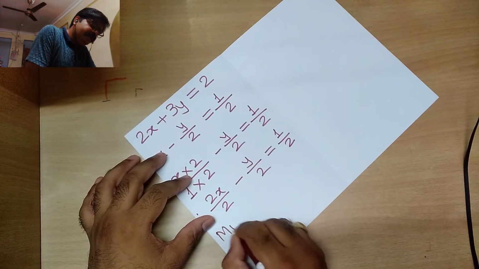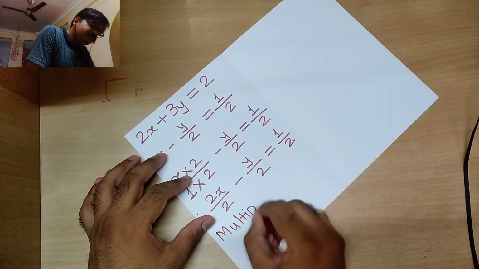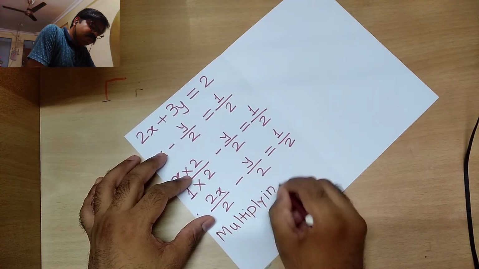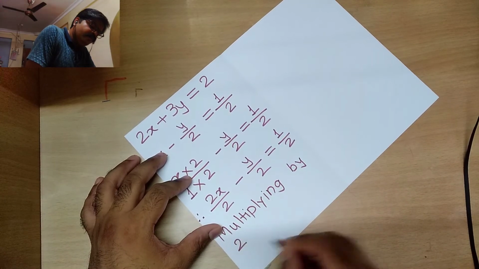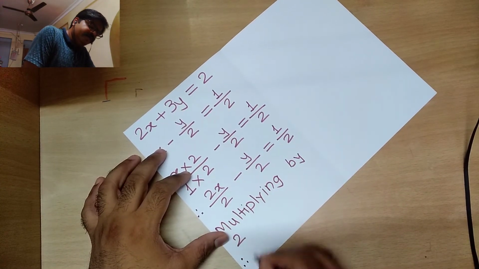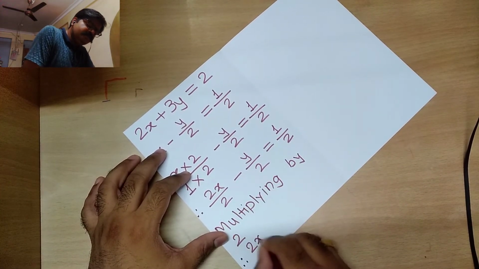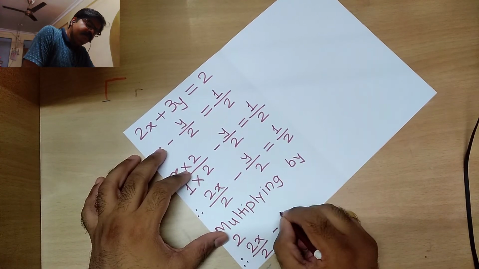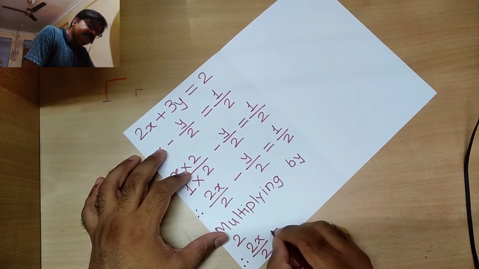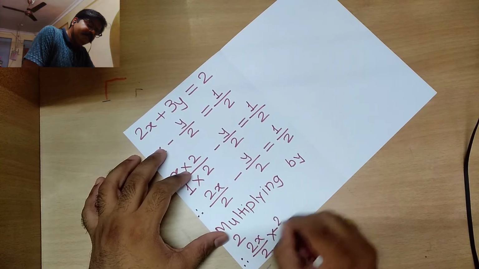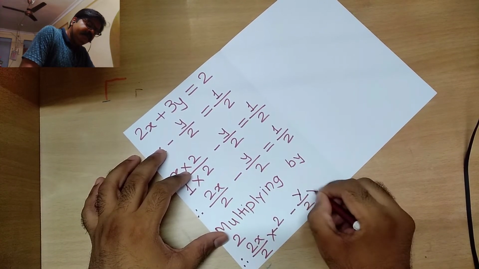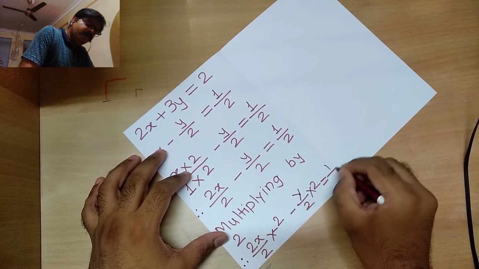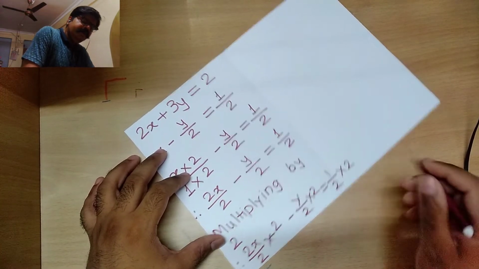Therefore, multiplying by 2, what we are going to have is this 2x divided by 2 multiplied by 2 minus y divided by 2 multiplied by 2 equal to 1 divided by 2 multiplied by 2.